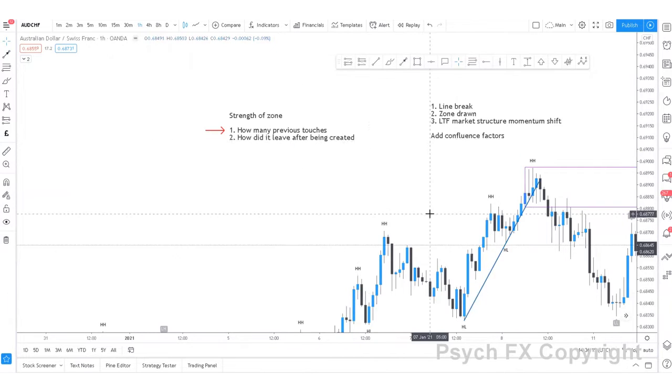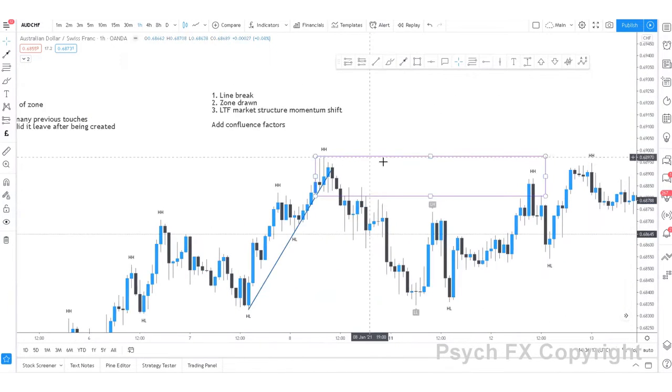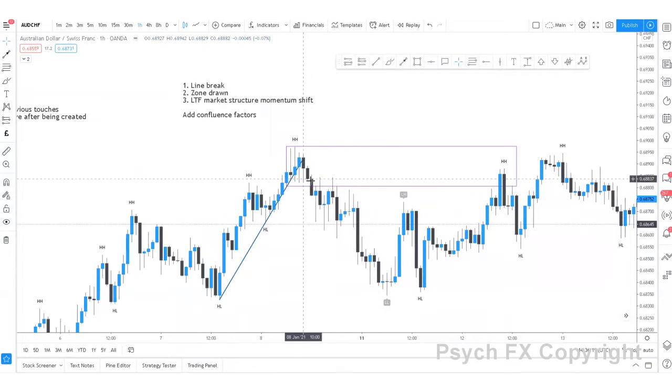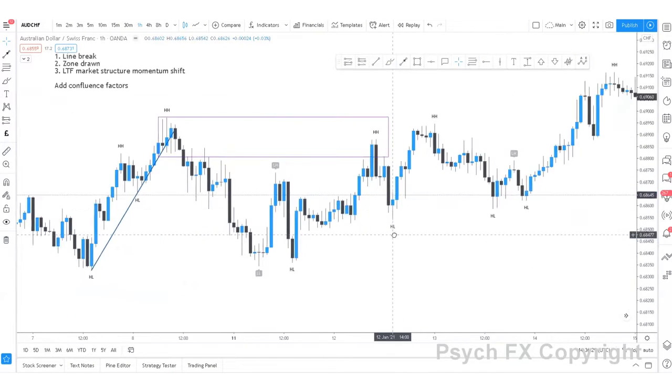Ultimately, when we have previous touches of a level, if we understand that with each touch more and more of these orders that cause this displacement in price are being taken up, they're being filled, then with each return to the level, we're more likely to go higher into the level, and then eventually we're more likely to break it.